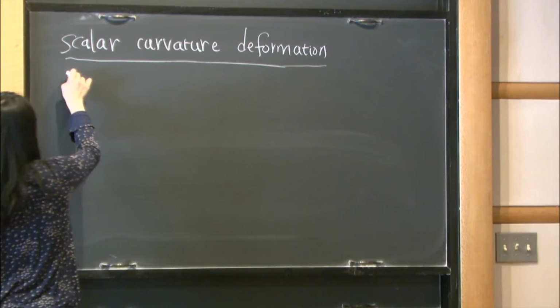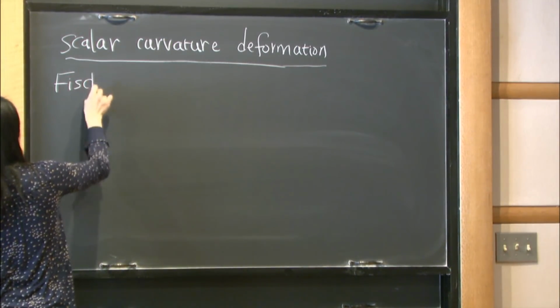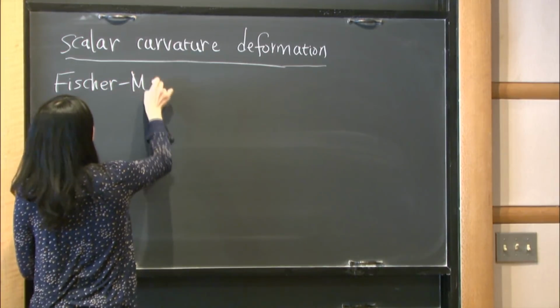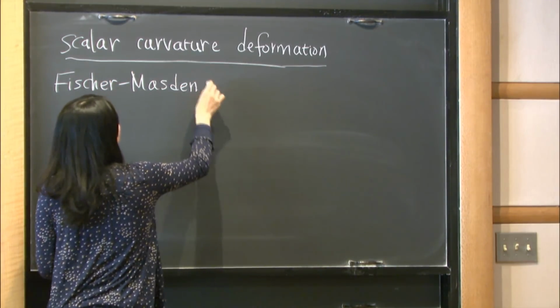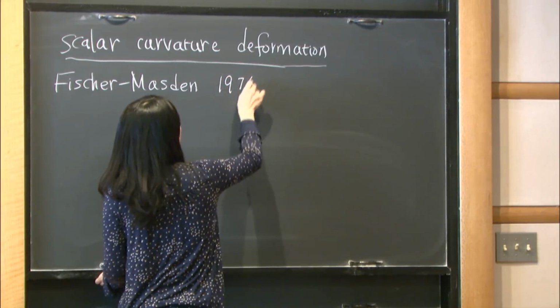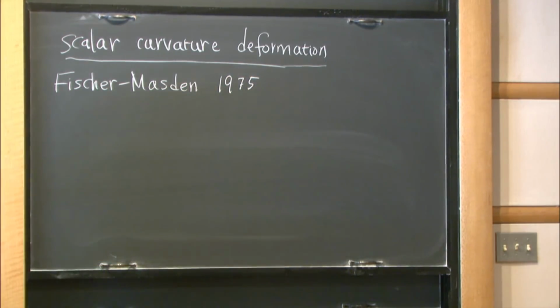There's one approach by Fischer-Marsden. They use the functional analysis approach. They think about viewing scalar curvature as a map, and we want to say whether the map is surjective. If the map is surjective, that means any given function can be realized by the scalar curvature of some metric.